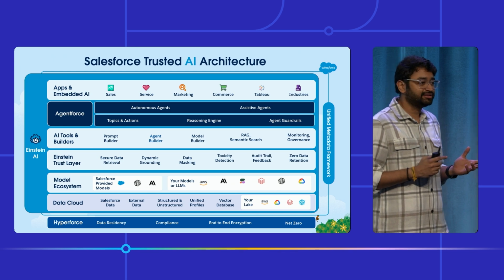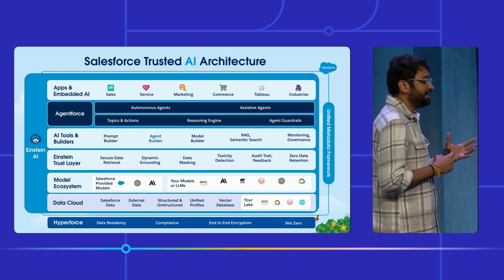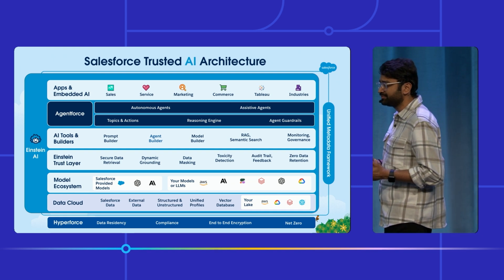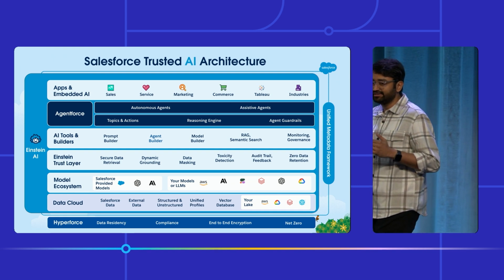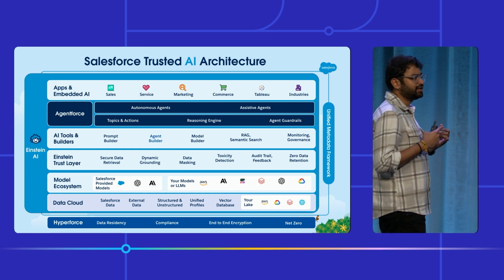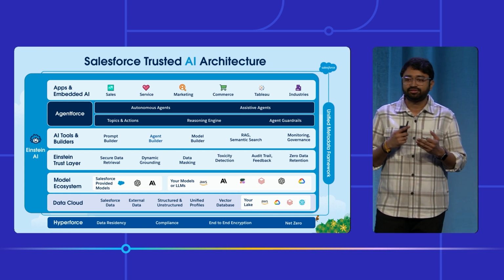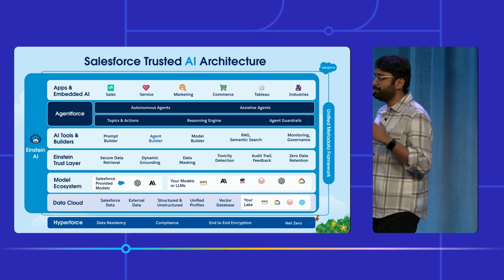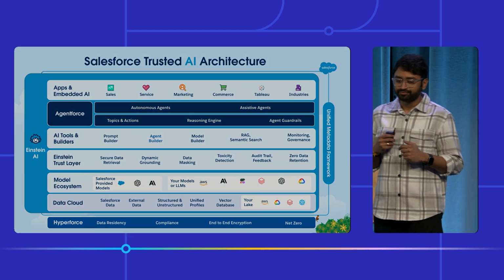What it really means is that because it's built on the same Salesforce platform that all of you have been using for the past 20 years, it respects the existing platform access controls that you have in terms of security, whether it is profiles, permission sets, field level security, so on and so forth. So all of that comes baked into Agentforce.